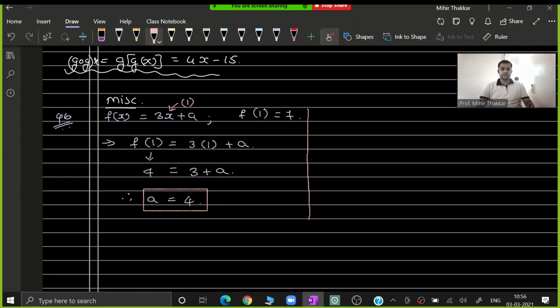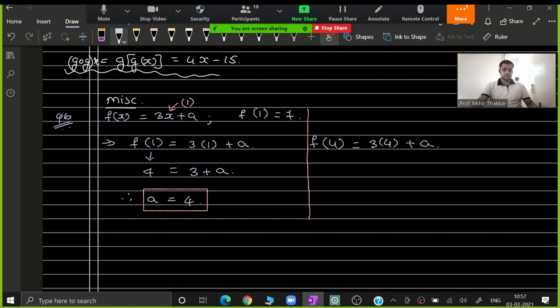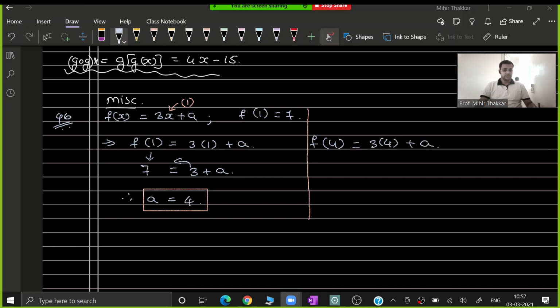So in order to get the value of f4, you just have to take 3 into 4 plus a, 3 into 4 that is 12, and a is already 4, so we know that. So the answer is going to be equal to 16.